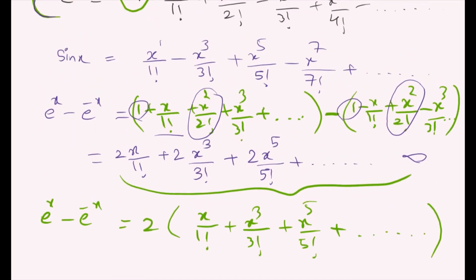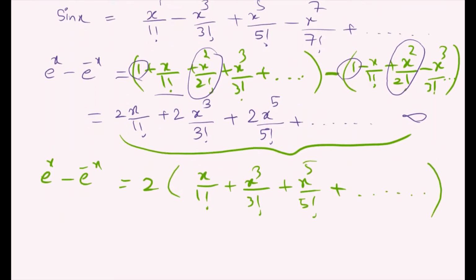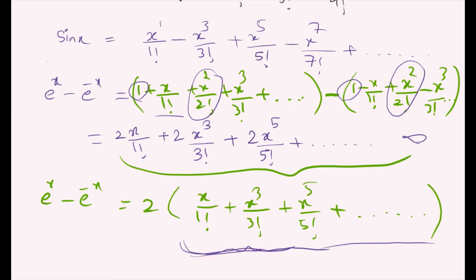If you look at this expansion, it is x by 1 factorial, x cube by 3 factorial, x power 5 by 5 factorial plus so on up to infinity. This resembles the series expansion of sine x. They are nearly the same, except that sine has alternating signs and this expansion has all plus signs.